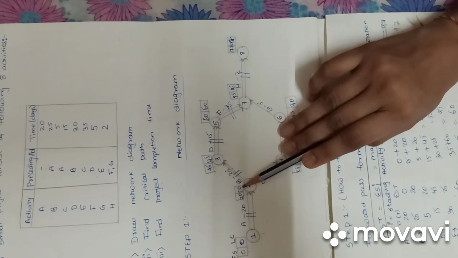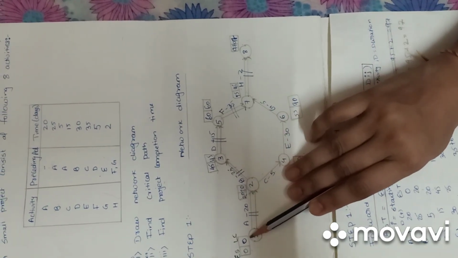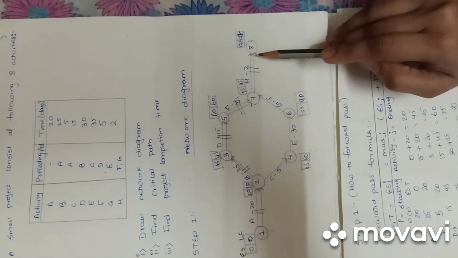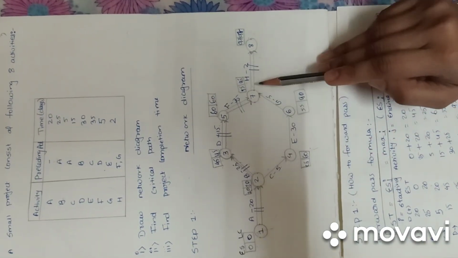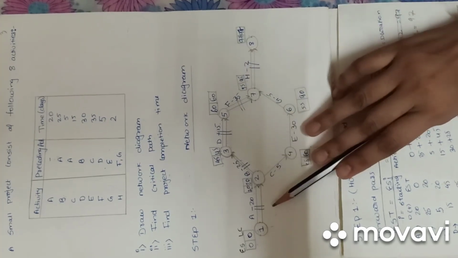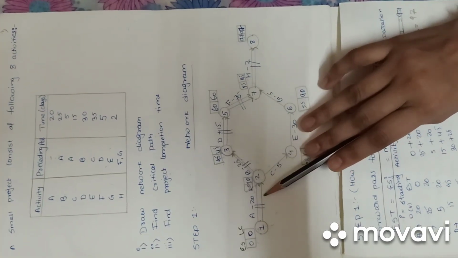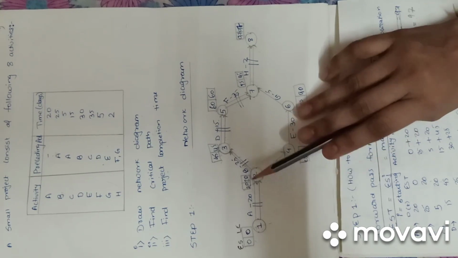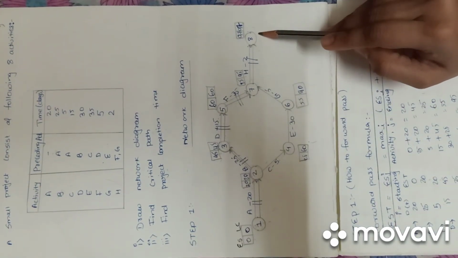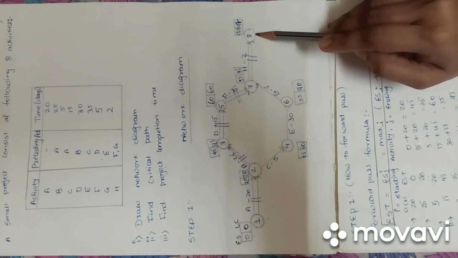And 20 minus 20 is 0. The earliest starting time and latest completion time for node 1 should always be equal, it is always 0. And for the ending node 8, the values will also be equal.